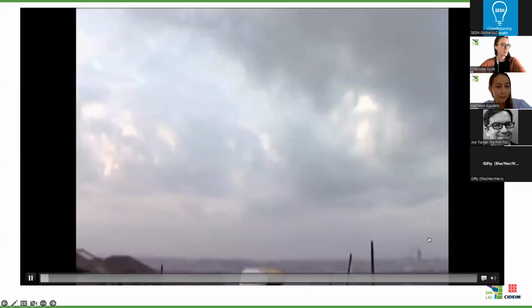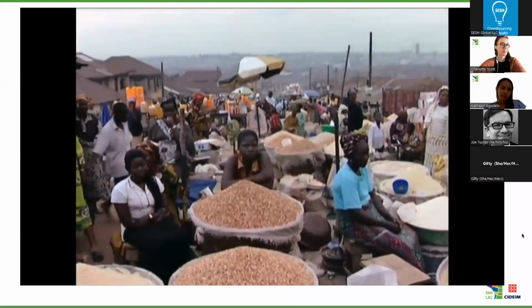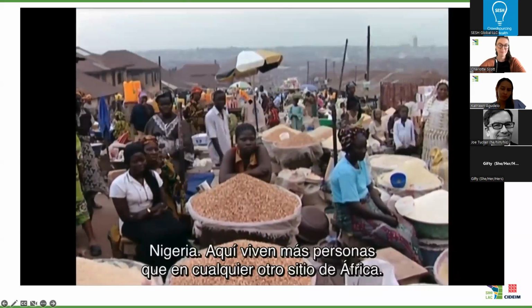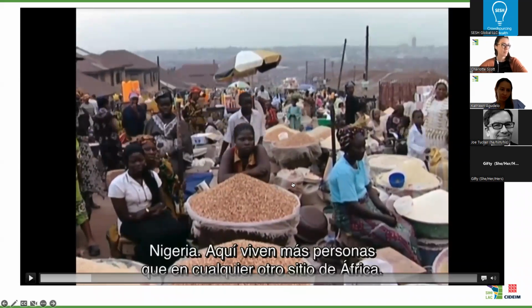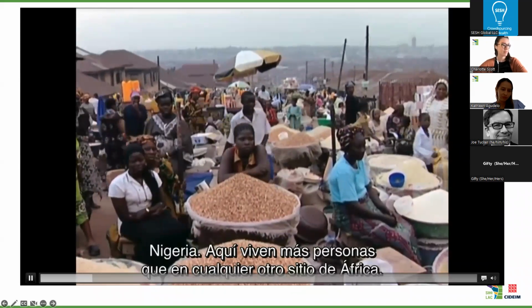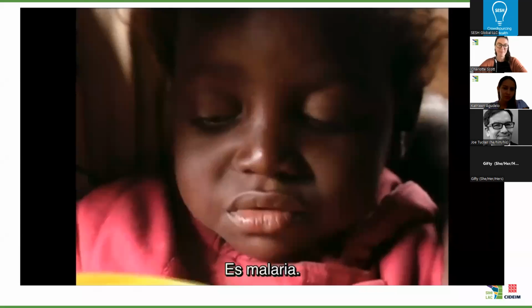In Africa. Nigeria. More people live here than anywhere else in Africa. This baby girl has a serious fever. It's malaria.